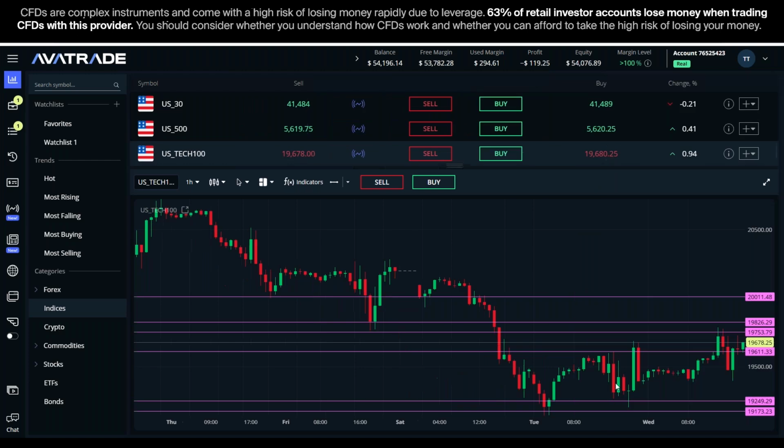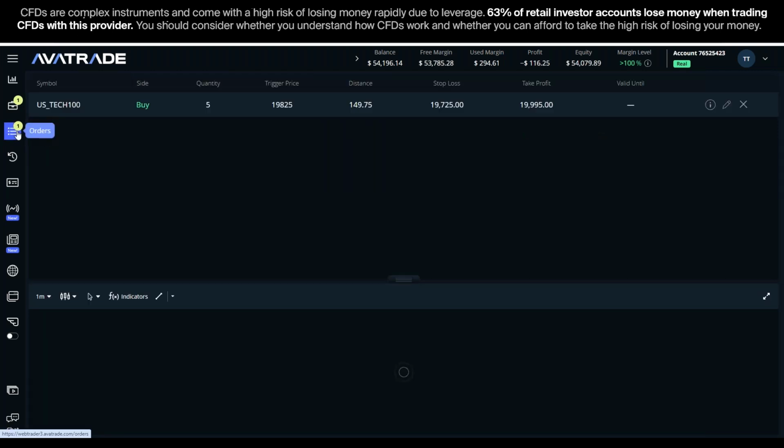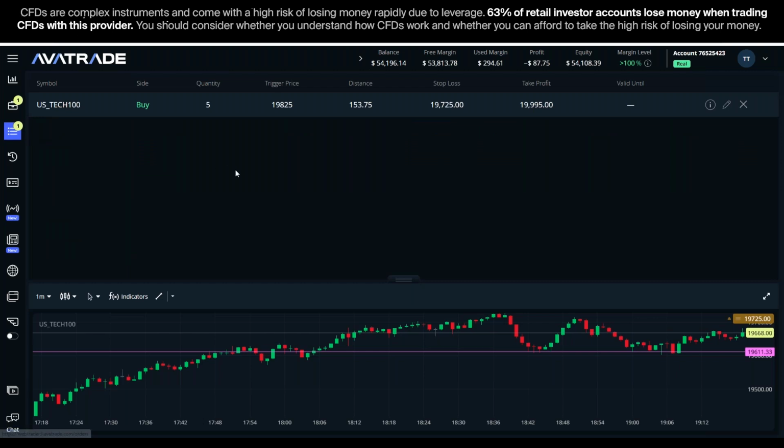Now this one will not show up in the little suitcase over here for open positions. The one we just did was an order, a pending order, so it's in this section where the orders are listed. Okay, so this one will only open if it breaks through that resistance level, causing our market move to lose, right?